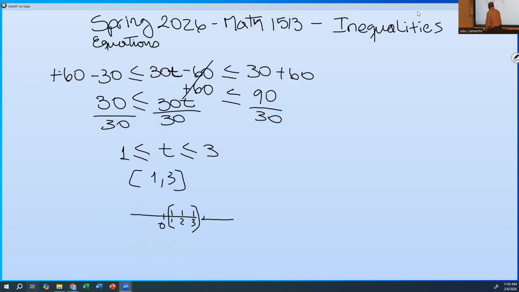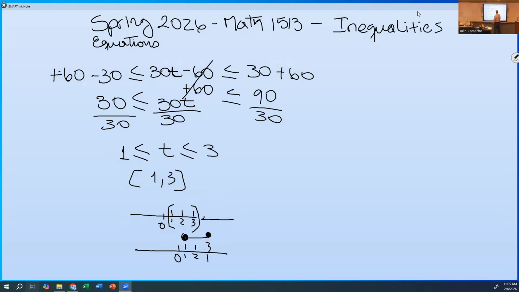The other way to do it is you have your 0, your 1, your 2, and your 3. You put a closed circle over the 1 because it's greater and equal, and a closed circle over the 3, and connect them with a line. That's another way to graph, and that's what we do in piecewise functions later.